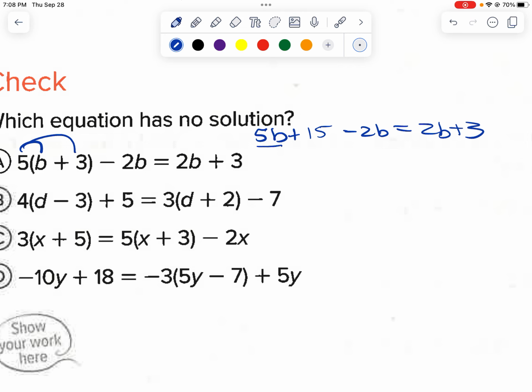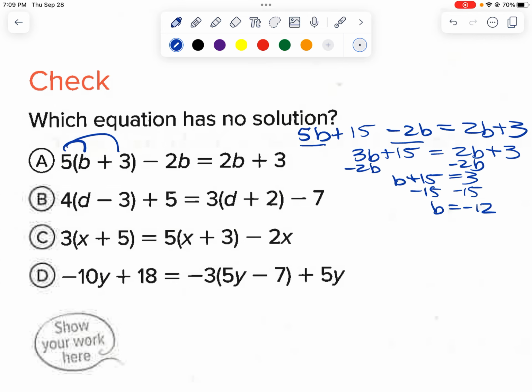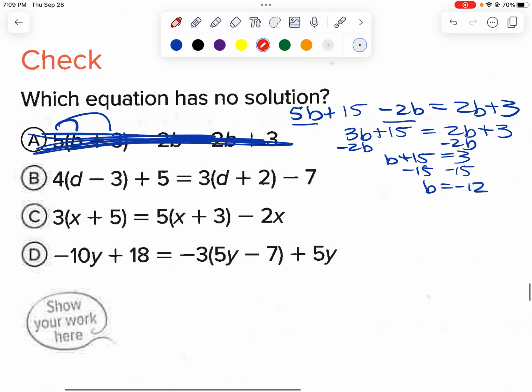I combine this one with this one, and it's 3b plus 15 equals 2b plus 3. If I was to subtract 2b from both sides, I would get b plus 15 equals 3, subtract 15, and get b equals negative 12. So that comes out to an actual answer. So that is not going to be it.